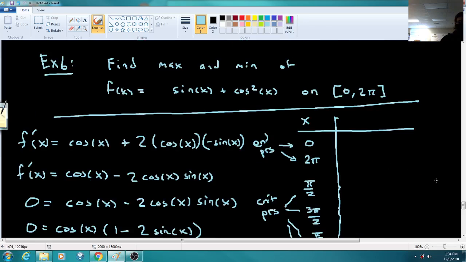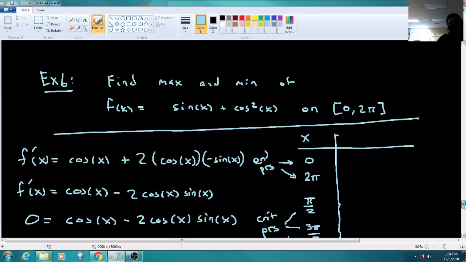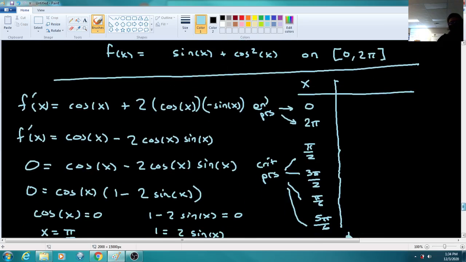Okay, so we're going to take each of these x values and plug them into the original function. Our original function is sine of x plus cosine of x squared. All right, so let's see what we get back. 0 gives us back 1. We put in 2 pi, that gives us back 1.